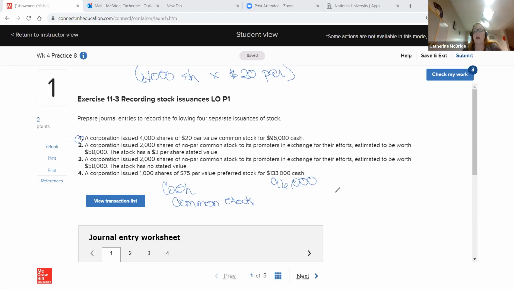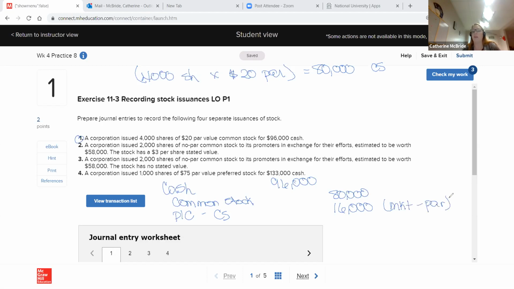So the common stock, we're going to record at 80,000. That's what we put into the common stock account, the par value. The difference goes into our paid in capital common stock account. So the difference is 16,000. And this is always going to be the market price minus the par value.